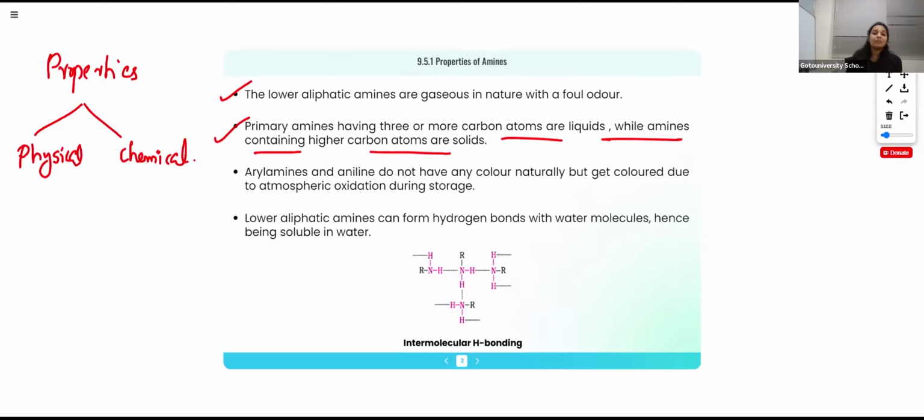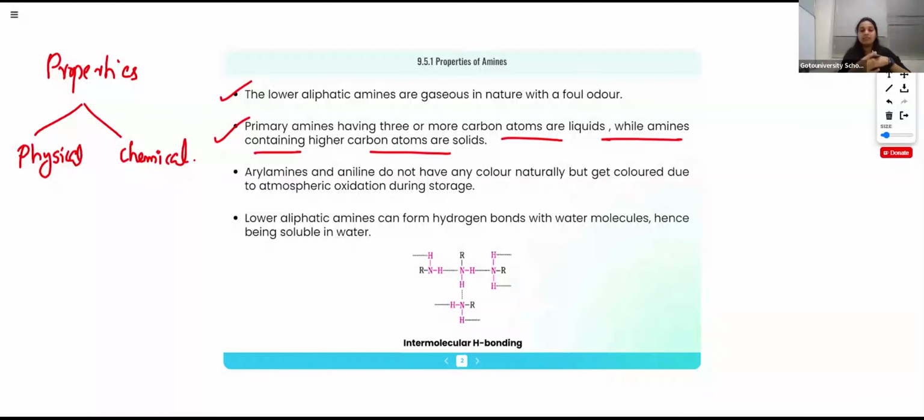When the number of carbon atoms increases, the interaction between the individual molecules increases, so they become closer. When the number of carbon atoms increases, intermolecular interactions increase.